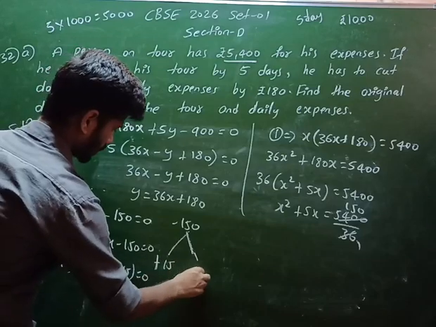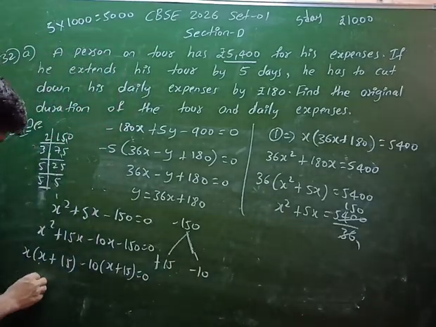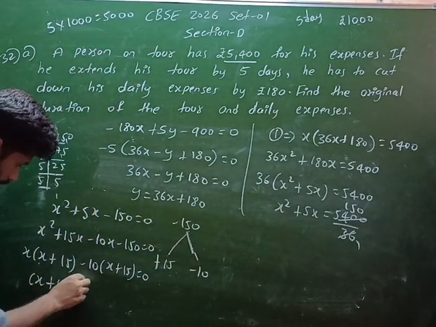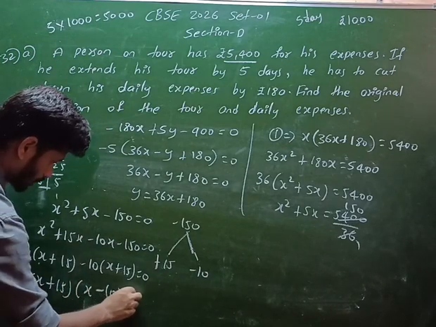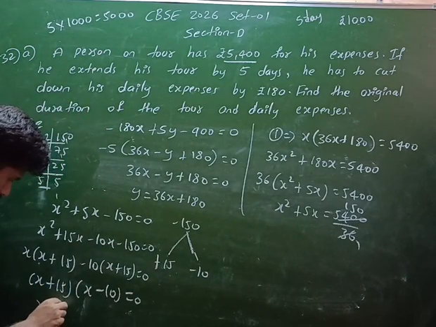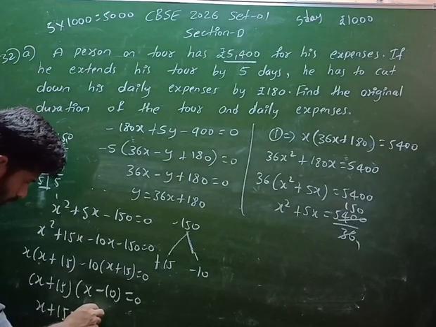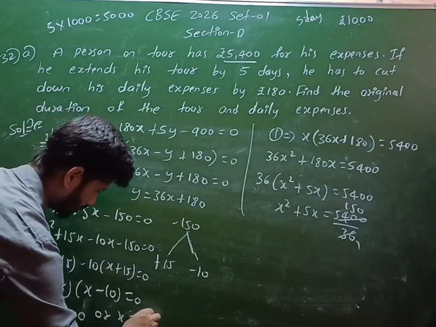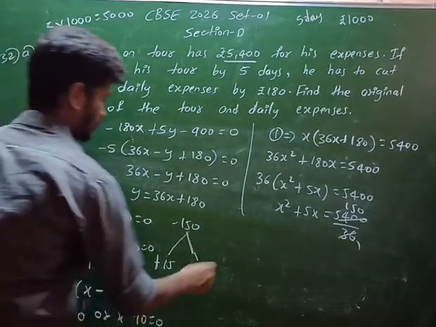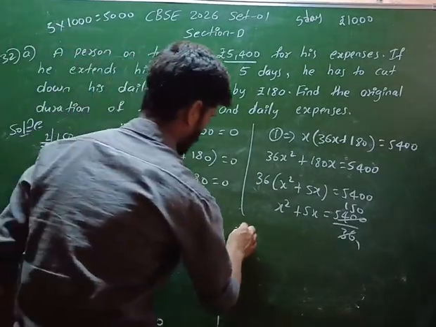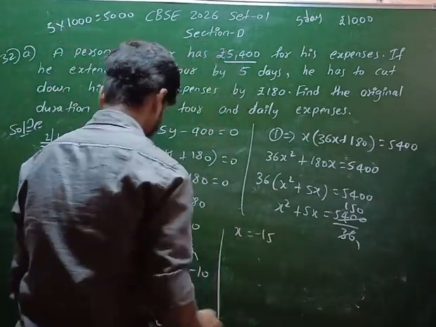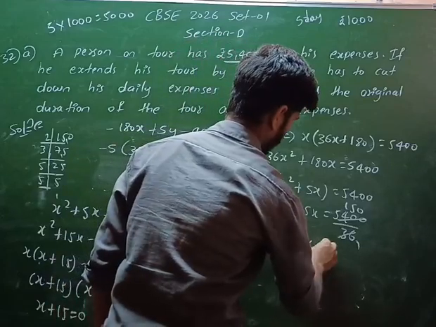So x plus 15 equal to 0, or x minus 10 equal to 0.